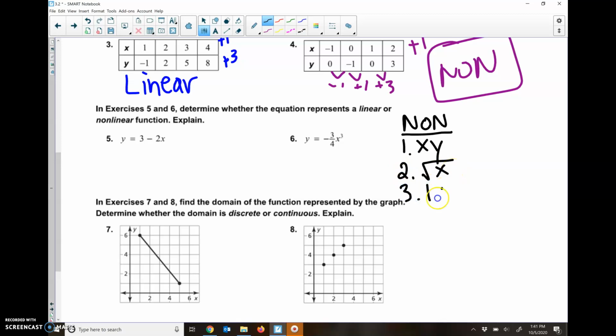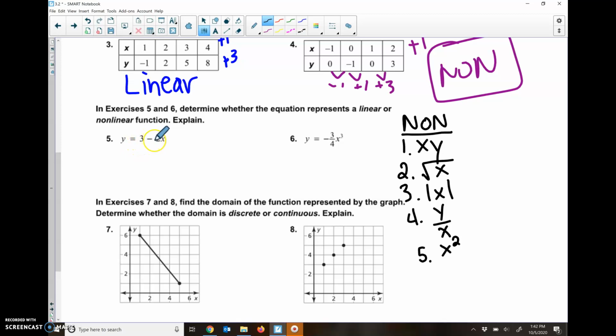If it has the absolute value of x, it is non-linear. If it has y divided by x, it is non-linear. And then the last one, probably the most common one, is if it has an exponent. So I'm going to write an x squared there, but know that any exponent works.